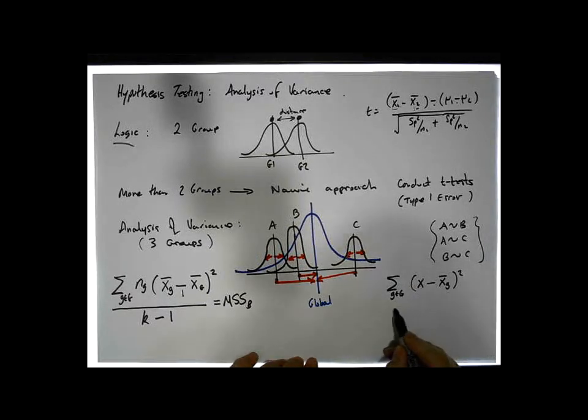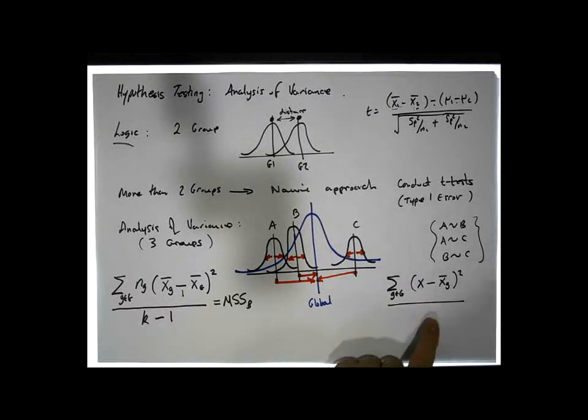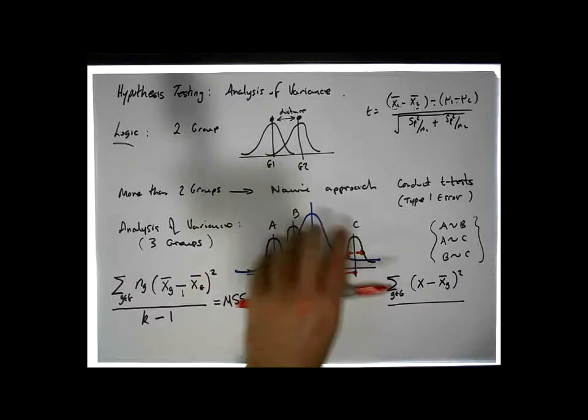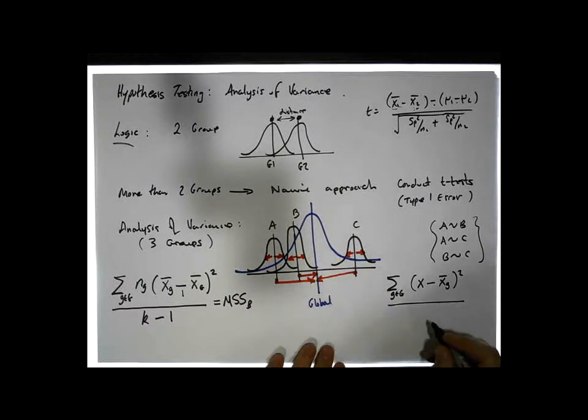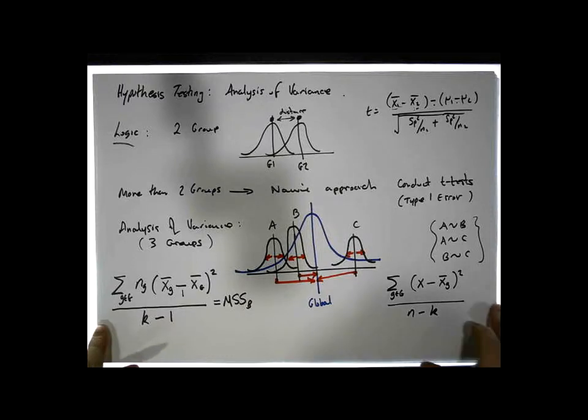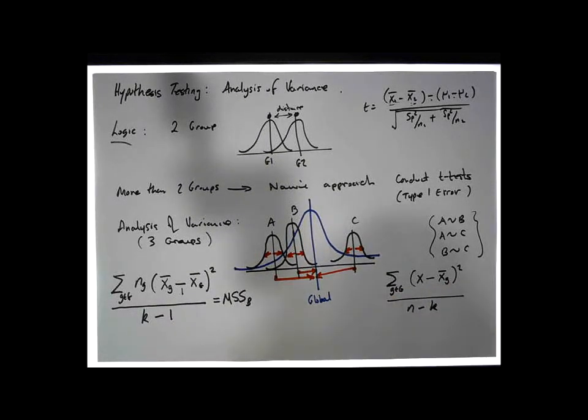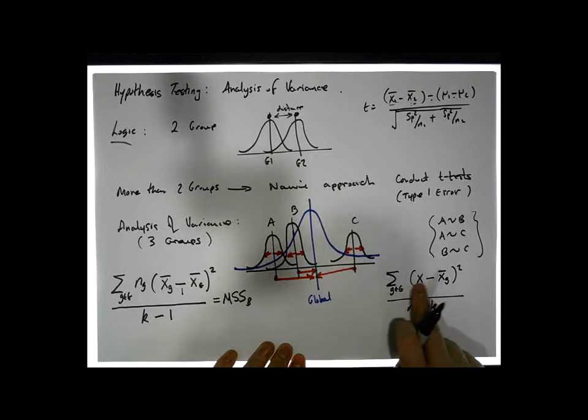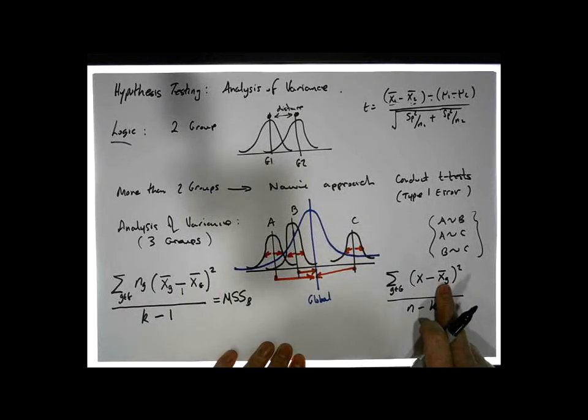There's a certain number of them, and we're going to average them. Well, how do we average them? It's the total number of observations that we have in the global group minus the number of groups we have. This is the degrees of freedom. But effectively, what we've measured here is how skinny on average, how far the individual observations are away from their own group and their own mean value, which is a measure of variance, a measure of skinniness of the distributions.